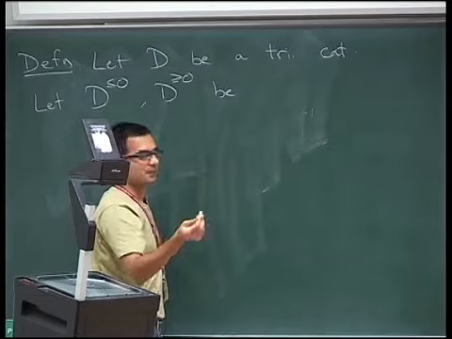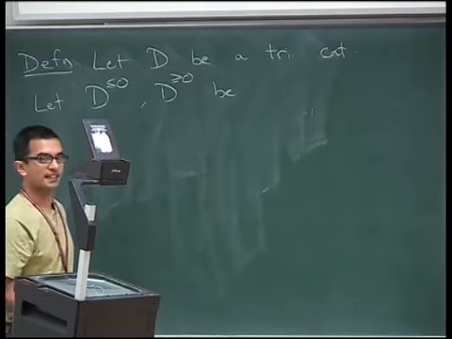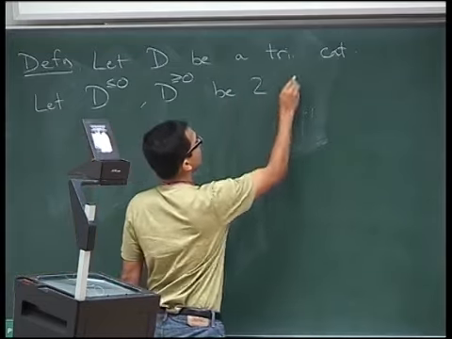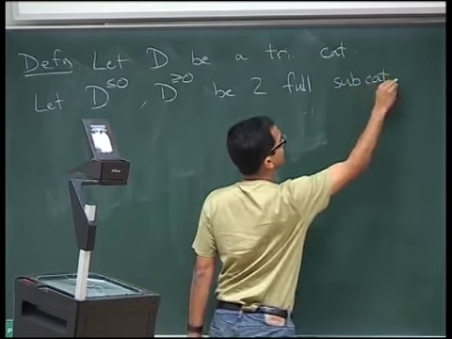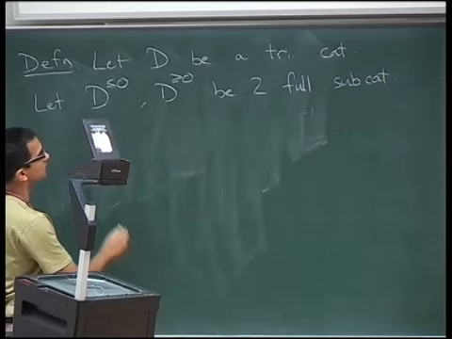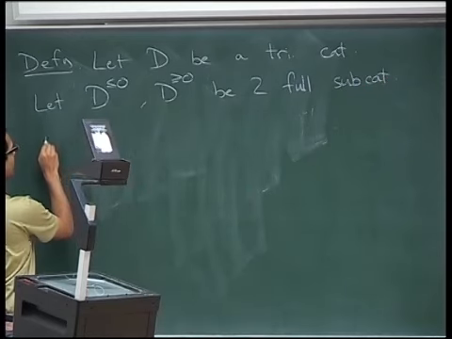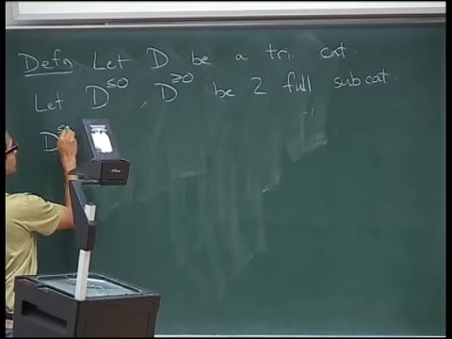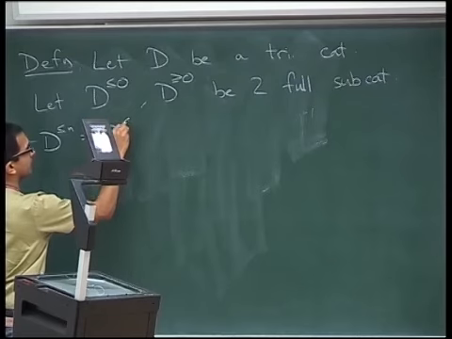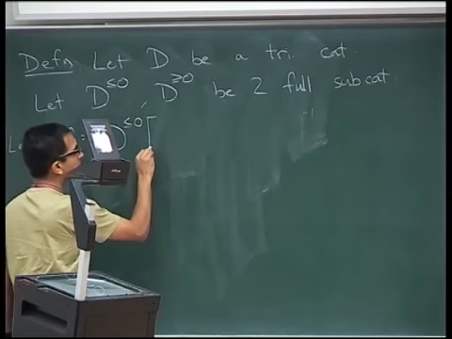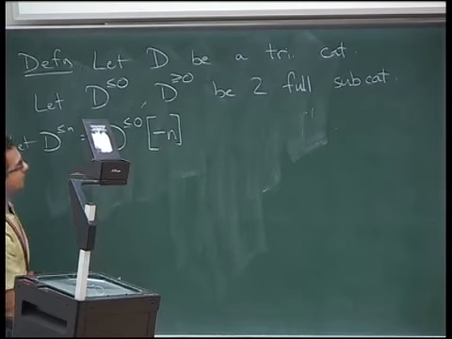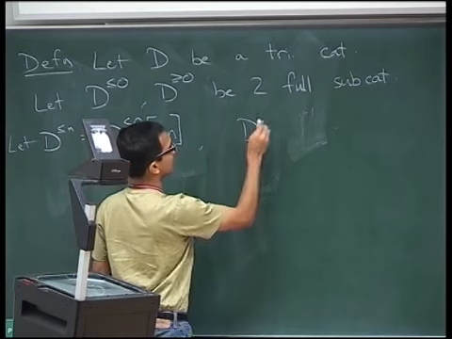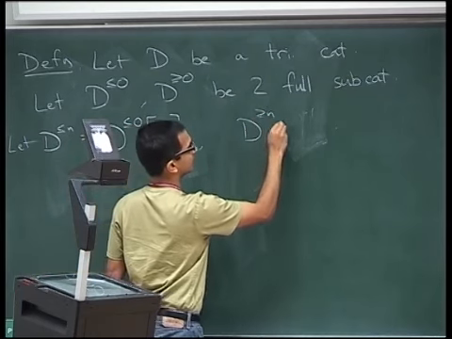And as we go on, we'll get some intuition for what kinds of categories these are supposed to be. So these are two full subcategories. And I'm going to define some other categories in terms of these just by shifting. So D less than or equal to N is going to be the same as D less than or equal to 0 shifted by negative N. And then same for D greater than or equal to N.